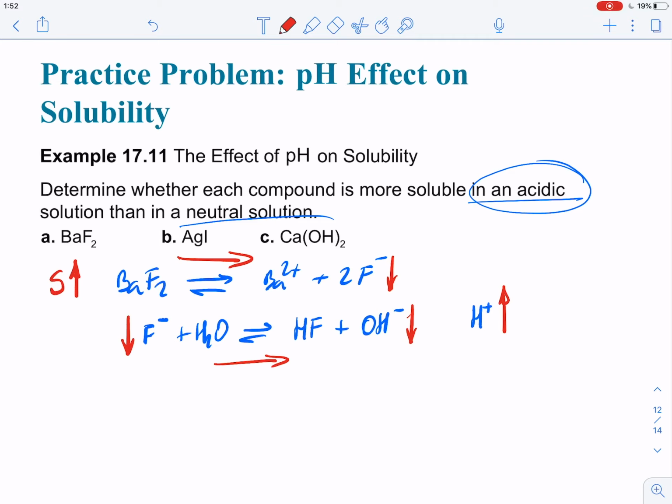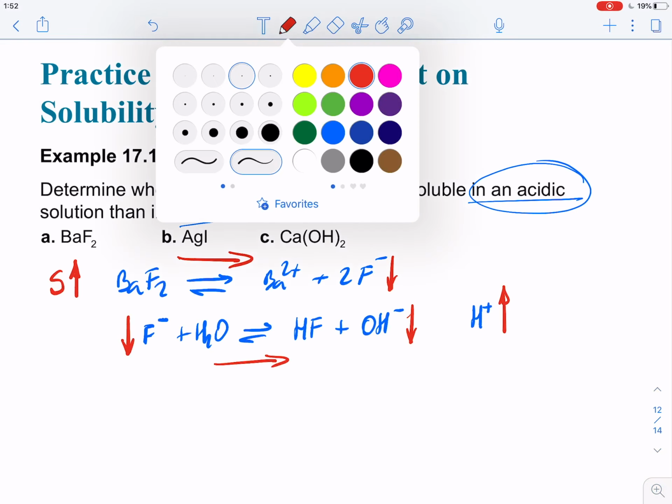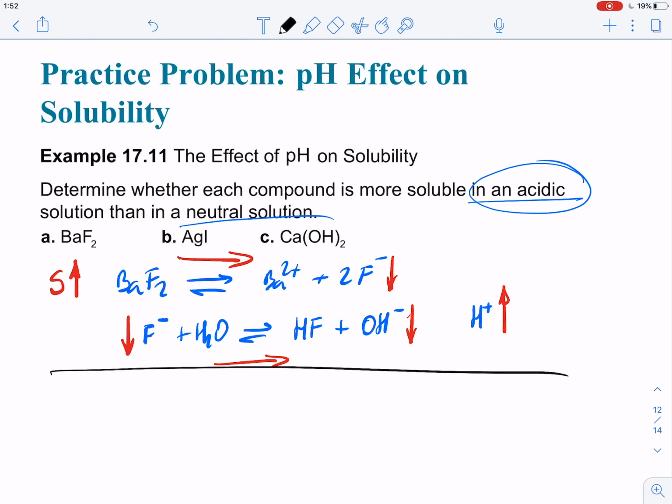Those salts will be affected by pH if they have acid-base behavior. Okay? And I'm saying that just because if we take a look at silver iodide, well, silver iodide goes to silver plus and iodide, and neither of those has acid-base equilibrium.